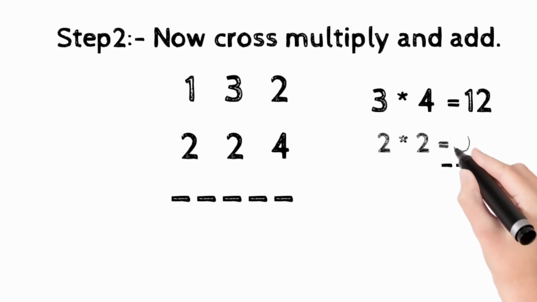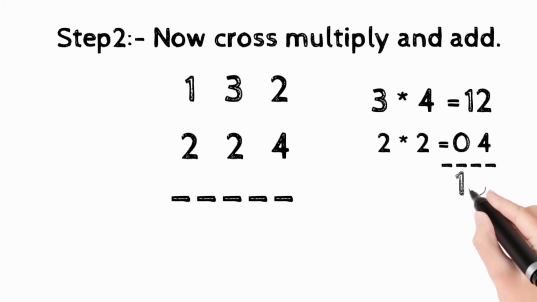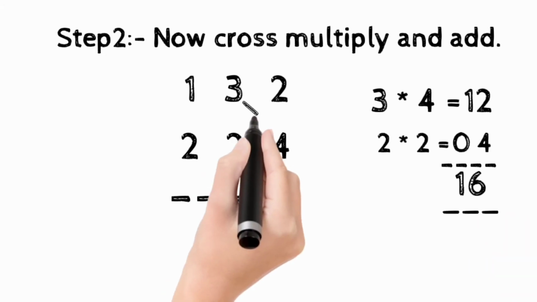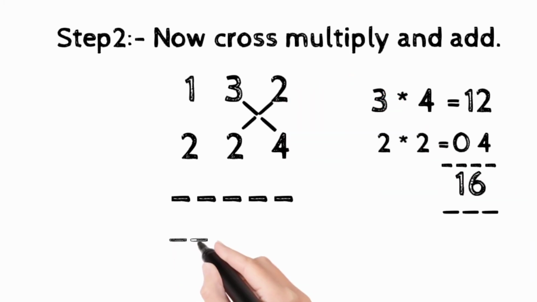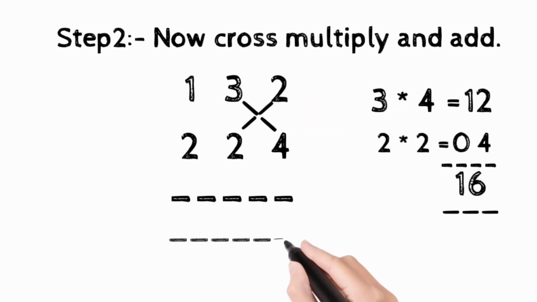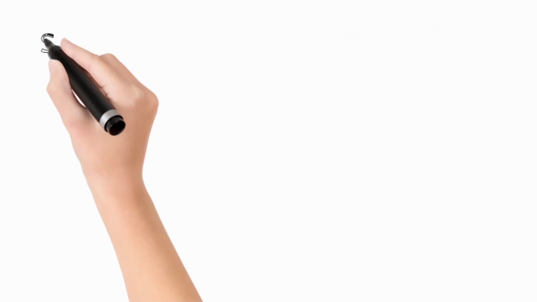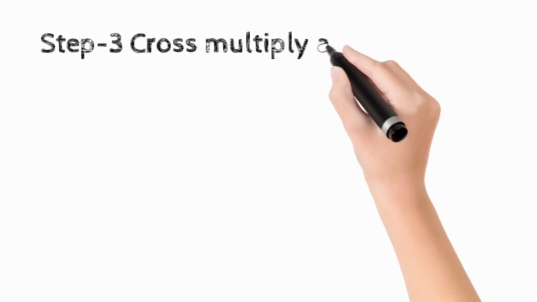Both we will do the cross multiplication. 3 into 4 is 12 and 2 into 2 is 4. Then add, what is your answer? That is 16. It is showing the way of cross multiplication by arrows. Your answer is 16, 1 is carried forward and 6 we will write at the tens place and 8 at the ones place.